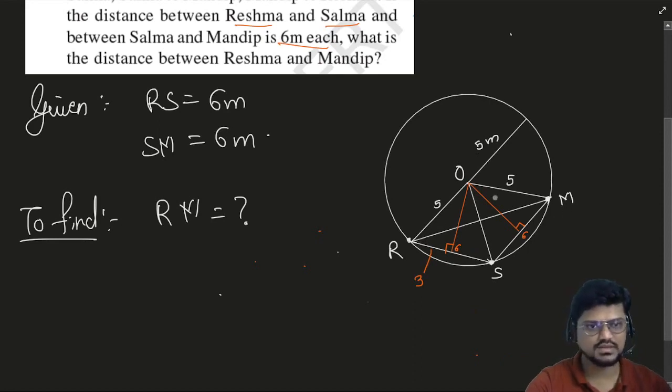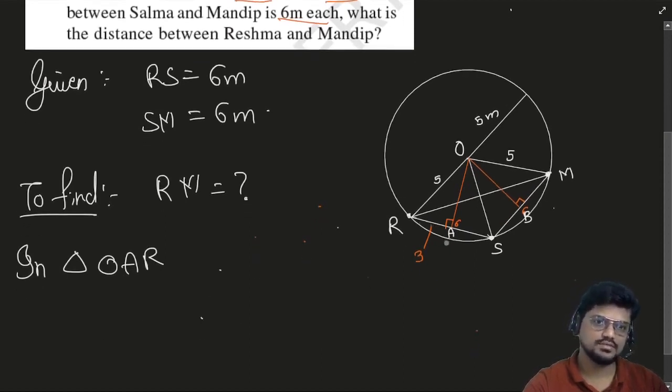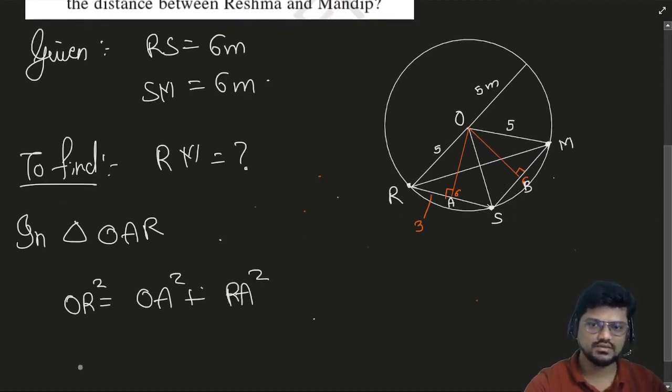Let's say this is point A and this is point B. So in triangle OAR, if I want to find this OA, OR square will be equal to OA square plus RA square. OR is 5 square equals OA square plus RA, which is 3, the whole square.